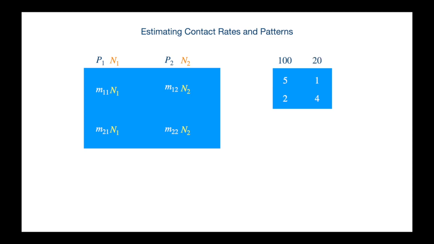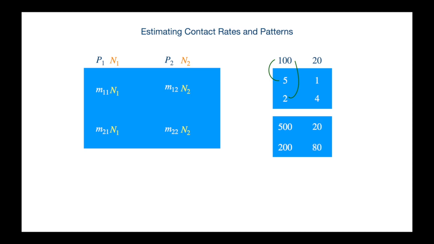We can now calculate the total number of contacts that the population make. So multiplying 100 by 5 gives the total number of contacts that people in age group 1 make with each other. Multiplying 100 by 2 gives the total number of contacts that people in age group 1 make with people in age group 2, and the same goes for the next column.